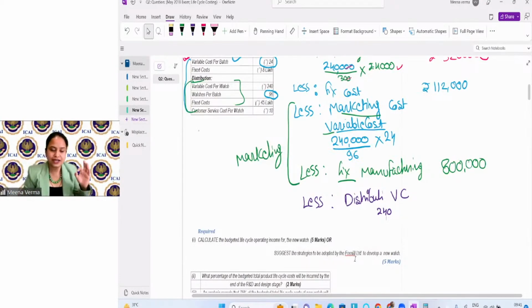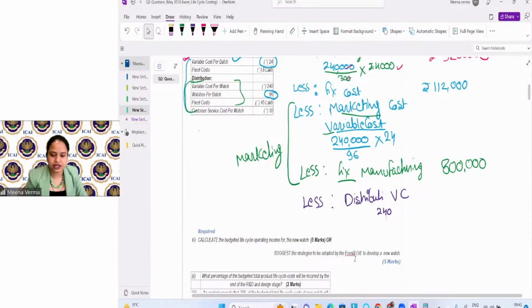So out of the entire life of the product, you can see what cost the company is incurring during the designing stage. So you can see this is designing stage, research and development and designing stage, right? This is the cost the company is incurring over the designing stage, and this is the total cost. And the question is what is the percentage of the cost the company is incurring during the designing stage? All right, let's see what is the percentage here.